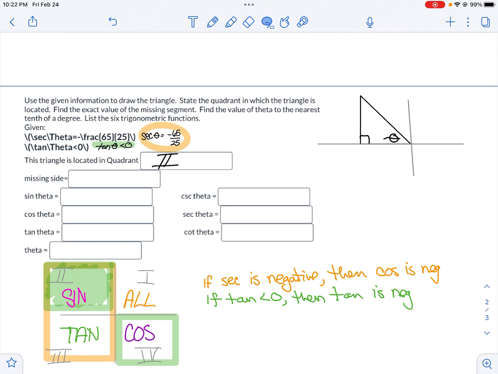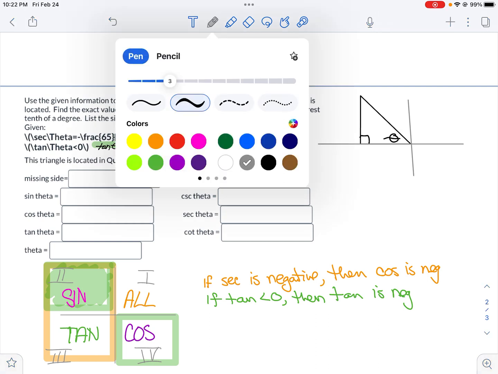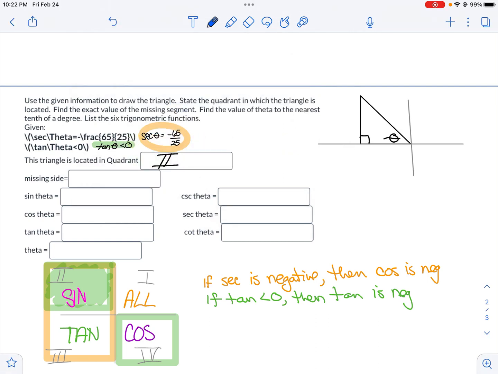And if that is your triangle, and you have the rule that says sine is equal to opposite over hypotenuse, cosine is equal to adjacent over hypotenuse, and tangent is equal to opposite over adjacent, then secant is the inverse of cosine.